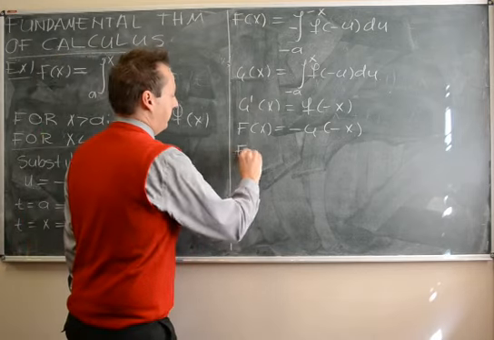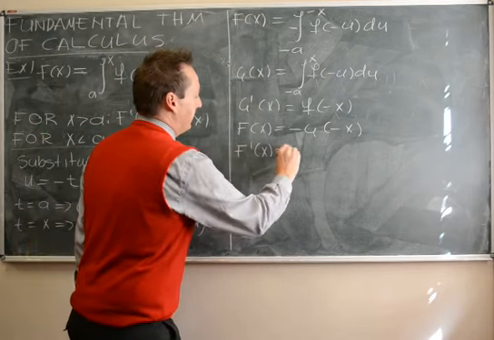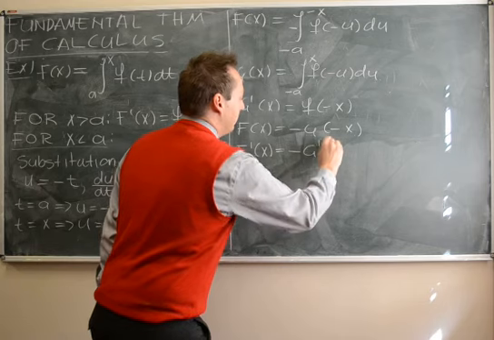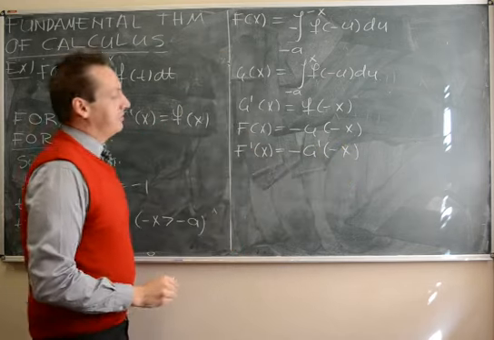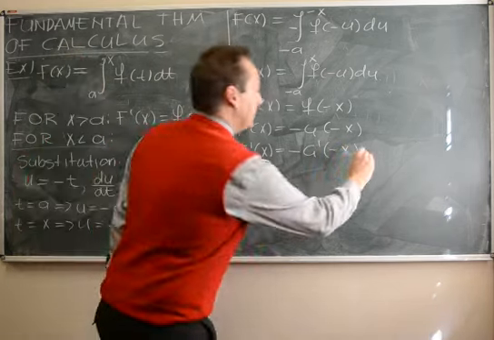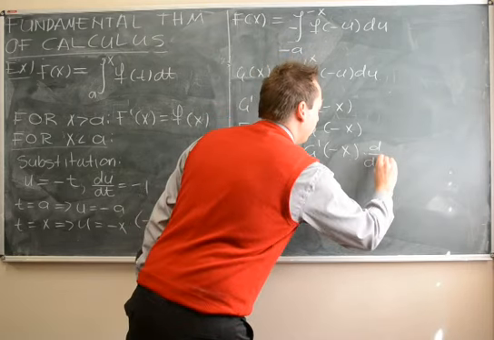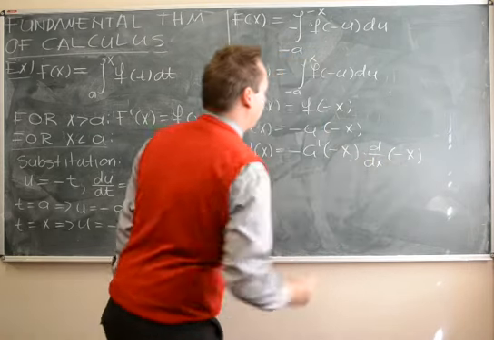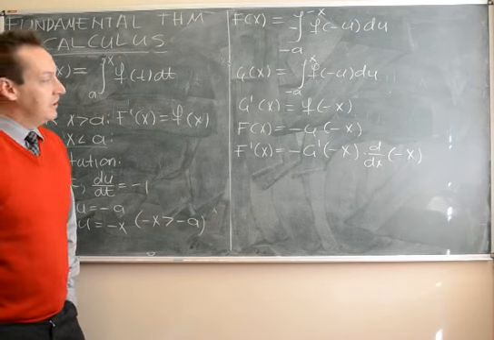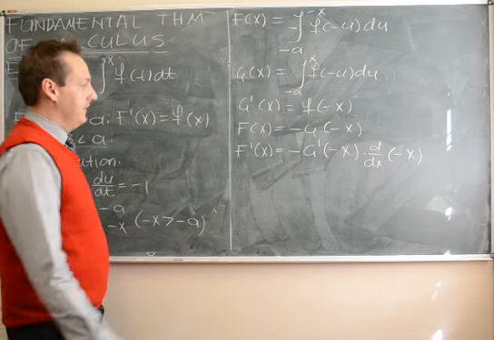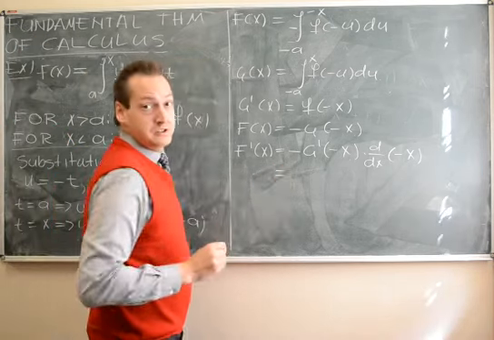So the derivative of big F would be minus the derivative of g at minus x times the derivative of minus x, just using the chain rule.